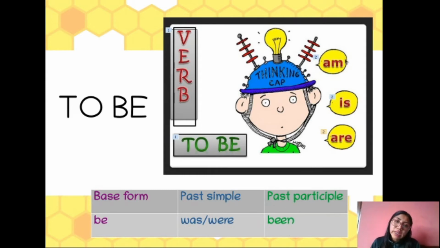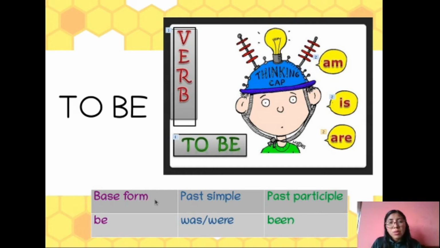But what is is, are? Okay, those are the conjugations of the verb to be. Estas son las conjugaciones del verbo to be. Recuerde, estas no son conjugaciones, estas son formas. Okay, that is the base form. Esta es la forma base. Usted tiene que recordar algunas estructuras.